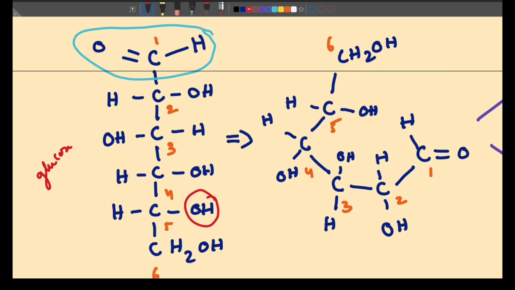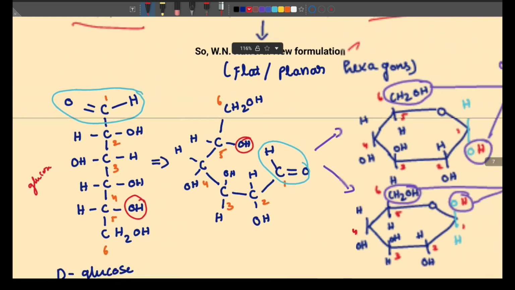Here, I have bent the structure in such a way that you can easily understand how it will link. This is the aldehyde group, and this is the OH group.